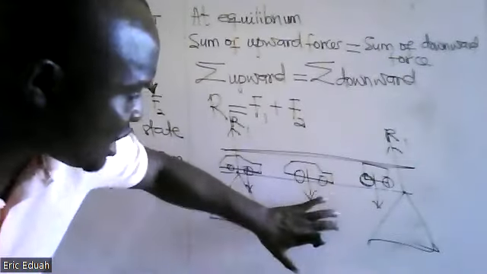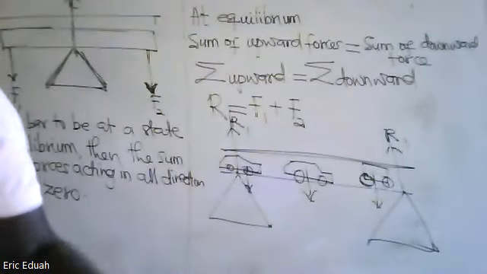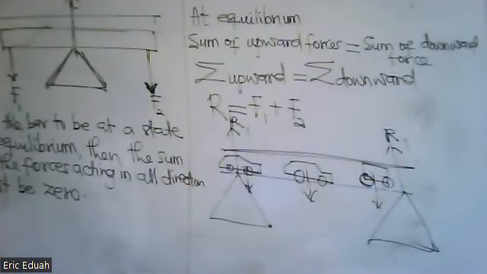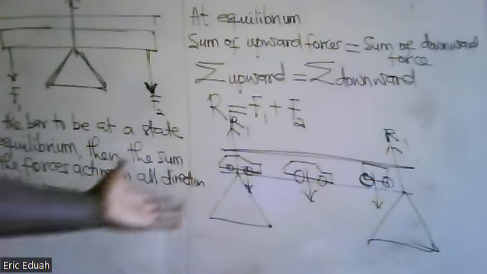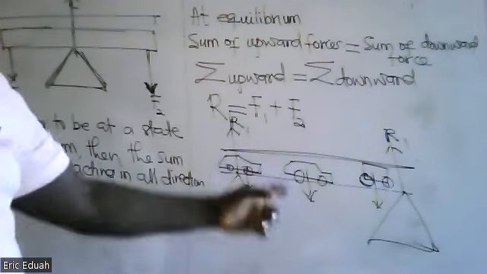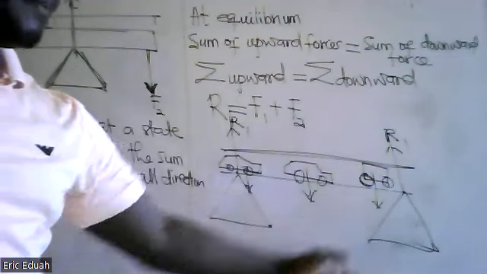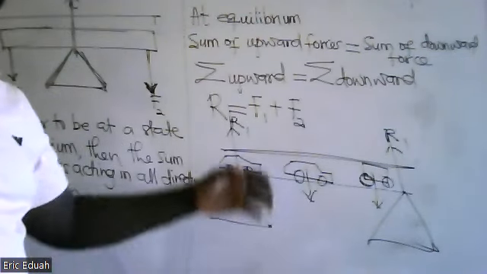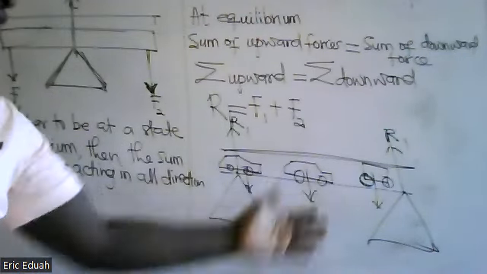If you don't meet this condition, the bridge will just cave in and the effects, you know that. So that concept, this principle of equilibrium state, is factored in building bridges, flyovers, overheads, and whatever.